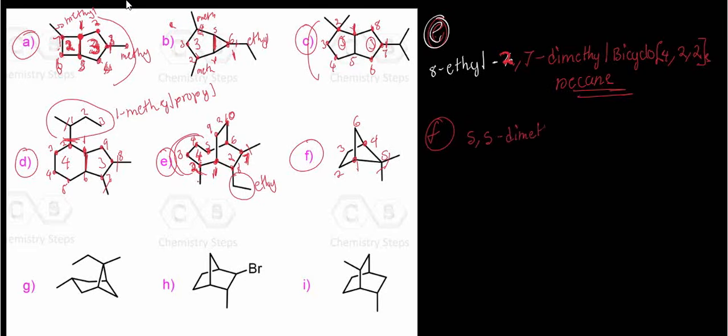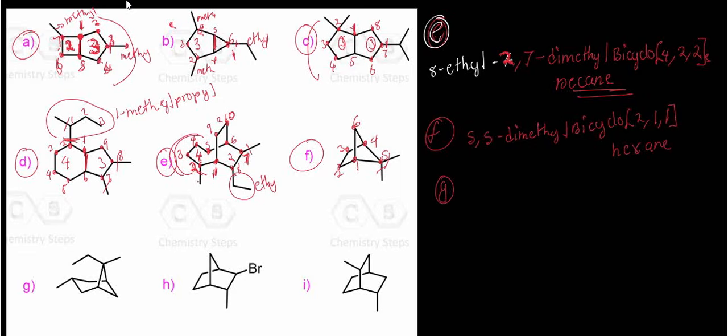Dimethyl, right? Then I'll say bicyclo. What is bicyclo? This side here you have 2, then 1 this side, this one again here 1, like that. Everything together, hexane.